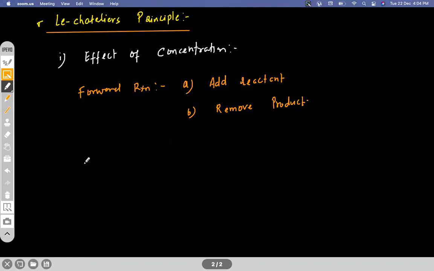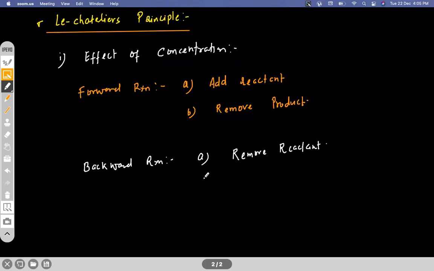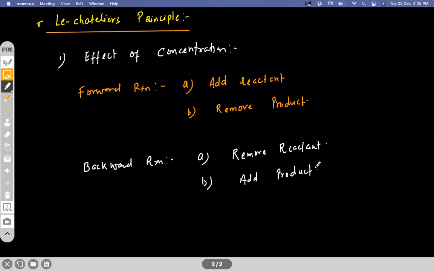The backward direction is possible when you remove a reactant and when you add any product molecule. So these are the two factors we already discussed last class.